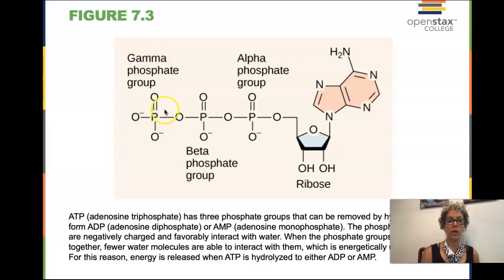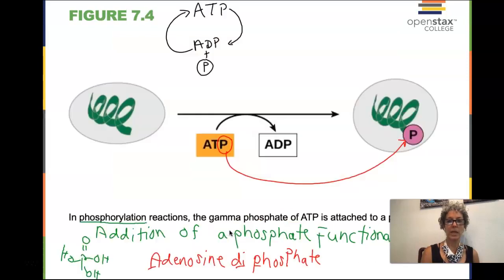And if we lose one, the gamma phosphate, we're left with adenosine diphosphate. If we lose the beta and the gamma, we're left with adenosine monophosphate. So adenosine diphosphate is ADP, adenosine monophosphate is AMP.